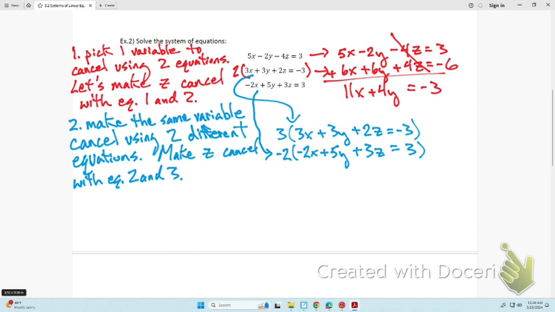So when I do that, I get, let's draw a better arrow. We get 9x plus 9y plus 6z equals -9.